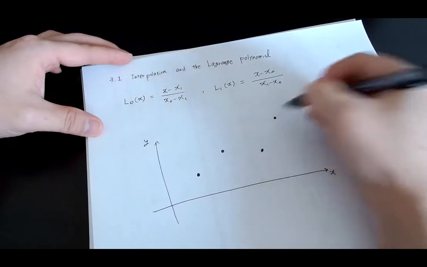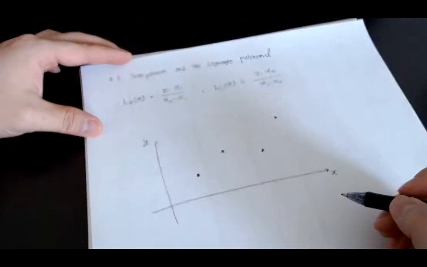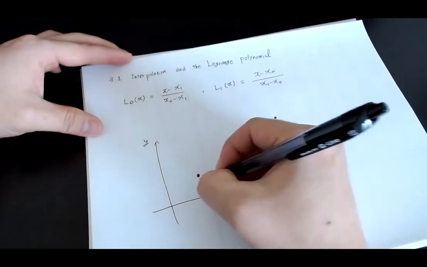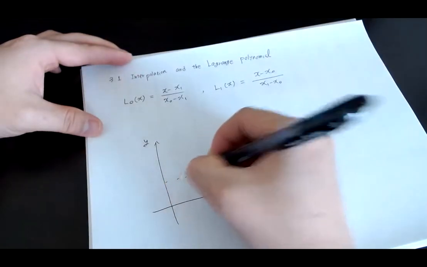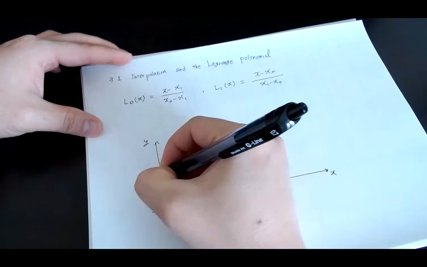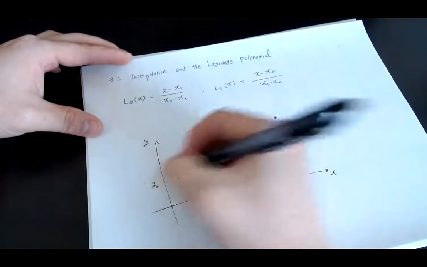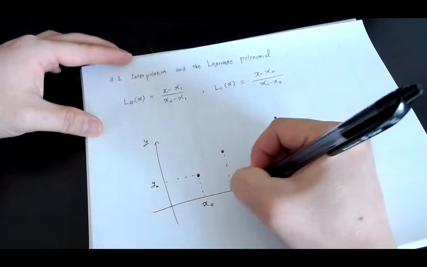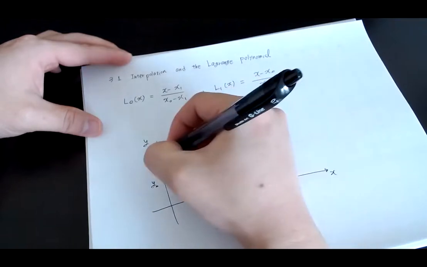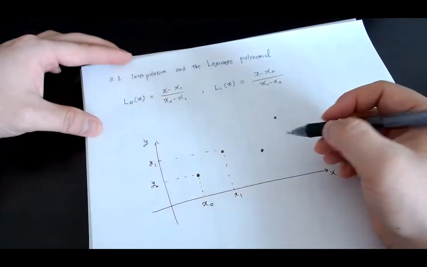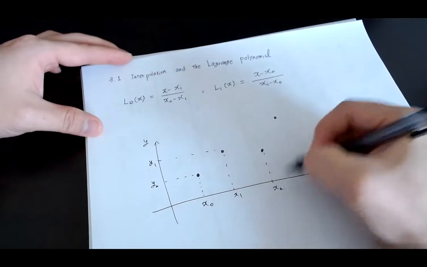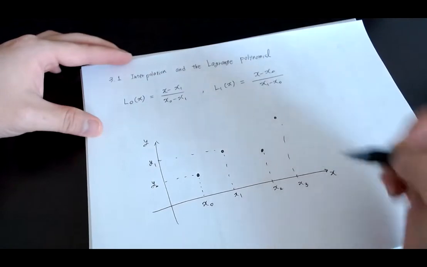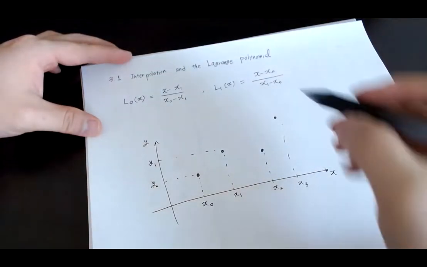Let's say the first point is x naught, y naught. This is x1 and this is y1. This is x2, x3. These are the given points.